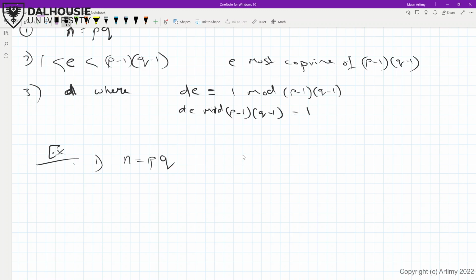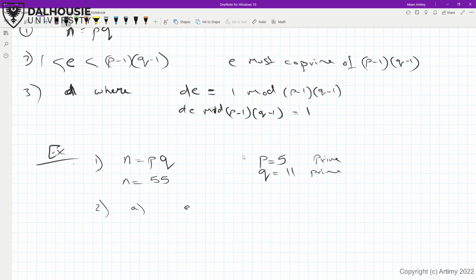Okay, but for example, let's assume that P is 5 and Q is 11. So both are small prime numbers. This is prime and this is prime. All right, so N will be 55, right? Then we need to find E. E has two conditions.